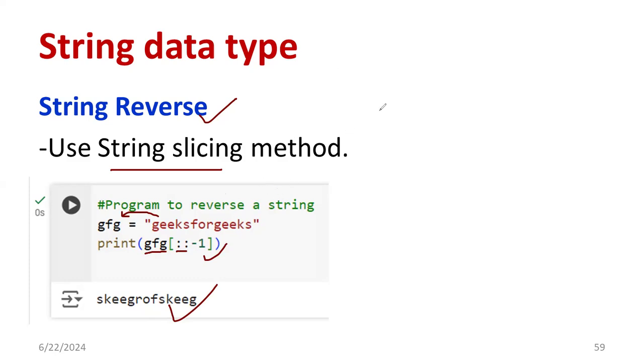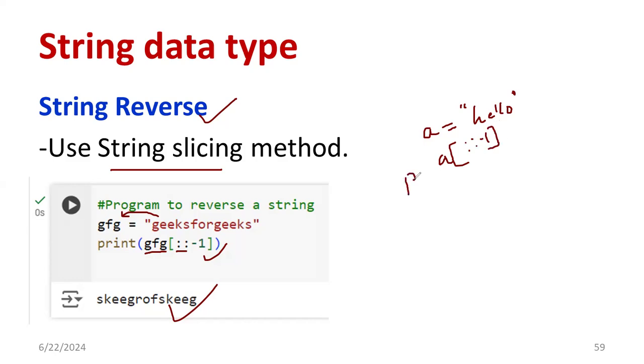Like that you can try, for example, A is equal to hello. Then A, open one square bracket, put double colon, then write -1.